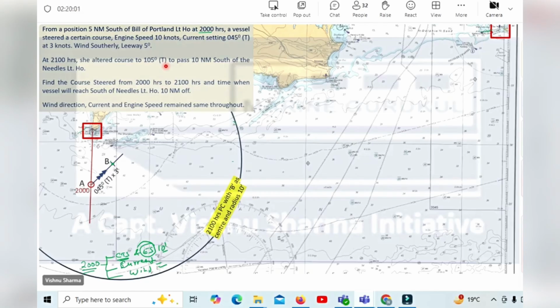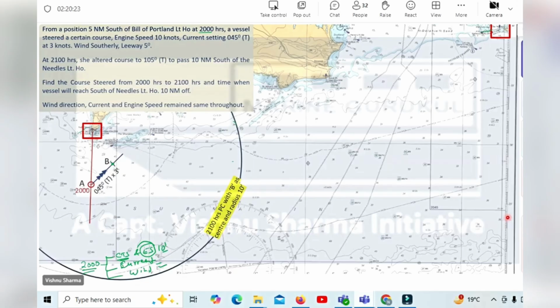The leeway will be applied only after knowing the position. Leeway will not affect this 10 miles radius, because leeway will not affect the speed, right, Peter? This engine distance, correct? Yes, sir. Engine distance for 1 hour will remain 10 miles, right? Yes, sir. Leeway will only affect the course, correct? Yes, sir.